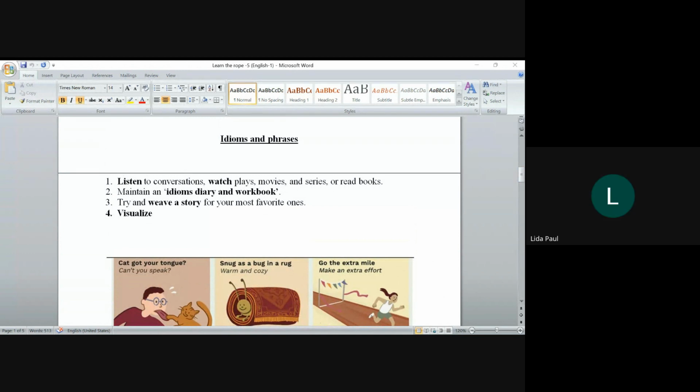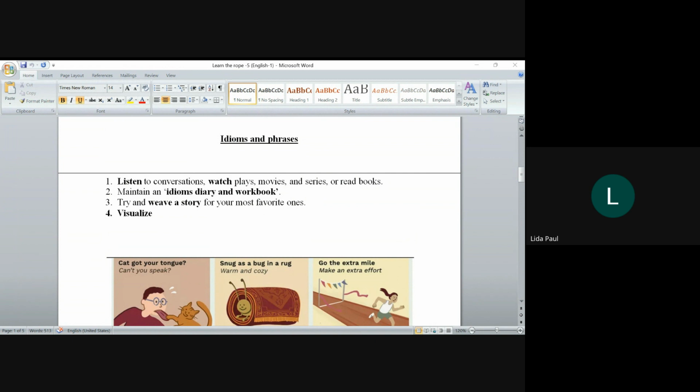So this is in continuation to what we were discussing, right? I mean, they're two different topics, but usually we prefer to do the idioms and phrases along with phrasal verbs. The reason being that in case of idioms and phrases also, the meanings that they generate are quite idiomatic, right?